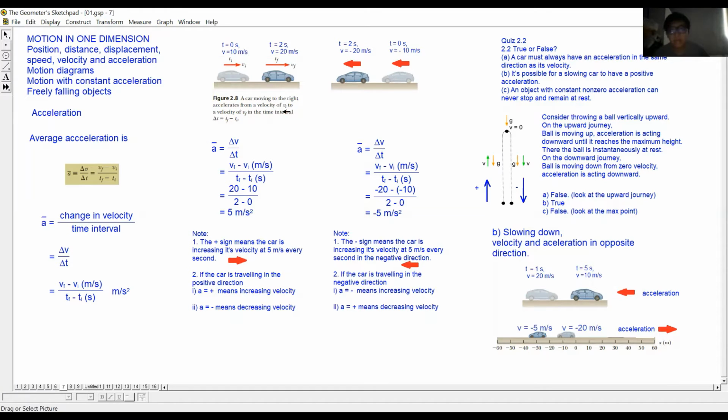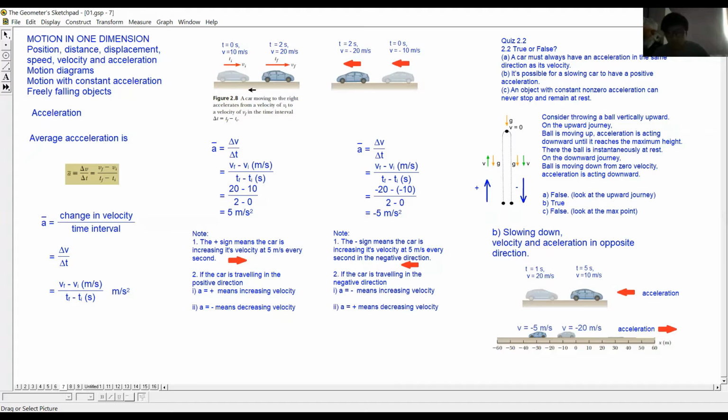So in this problem, you start timing with your stopwatch, so the time is 0, and at that time the car is already traveling with a velocity of 10 meter per second. Then after 2 seconds, the velocity now is 20 meter per second.